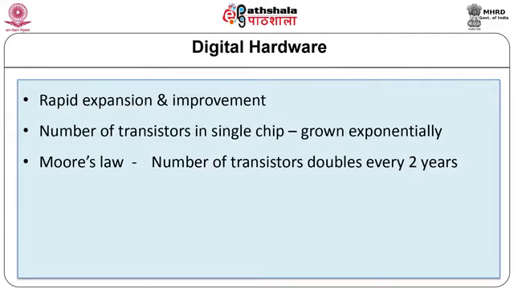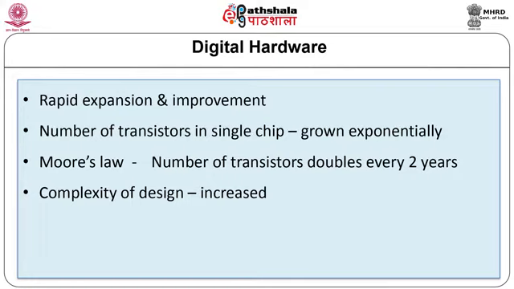This law is named after Gordon Moore, the co-founder of Intel and Fairchild Semiconductor Industries. As the IC became smaller, cheaper and faster, it became more and more capable of handling a wide range of applications other than just computing, like control, communication, medical, space and defense, etc.